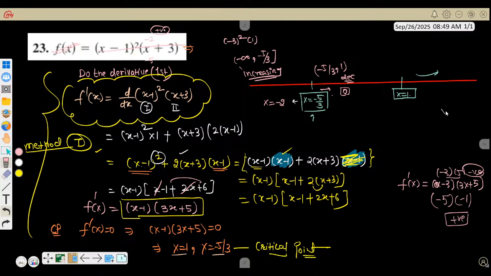After x is equal to 1, you can choose any point, for example 2. If we put 2 here, we have -1 and positive, so the answer is again negative. So from 1 to positive infinity, the function is again decreasing. So actually, after finding the critical point, we have to put the value.